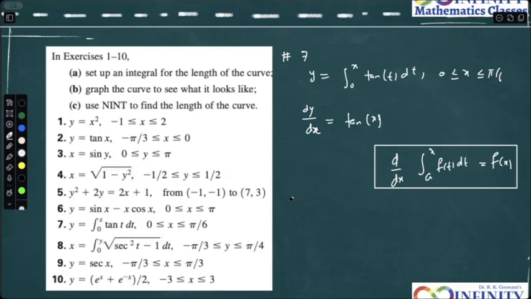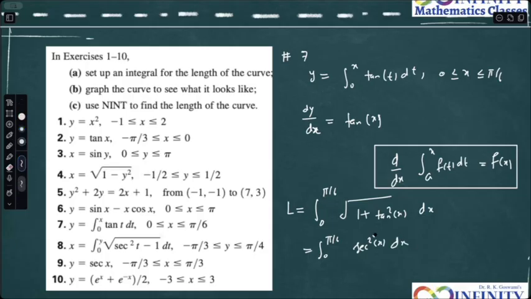Other than that, if you ask me what L is going to be, it is the same expression, with limits 0 to pi by 6, the square root of 1 plus (tan x) square, dx. The square root of 1 plus tan square is going to be secant x.